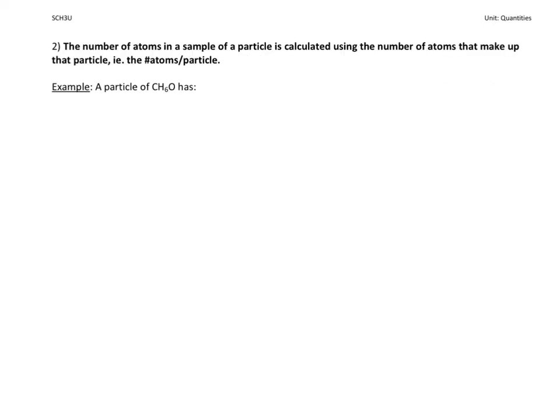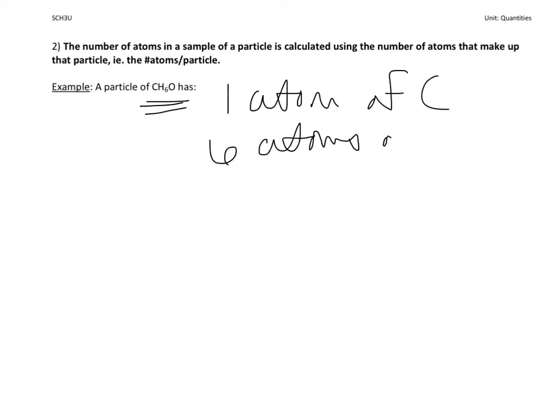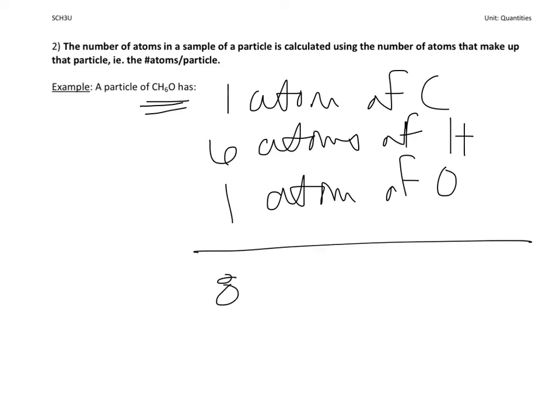The next step that happens here is if you have one single particle, well then you'd have 1 atom of carbon, 6 atoms of hydrogen, and 1 atom of oxygen for 8 atoms total.